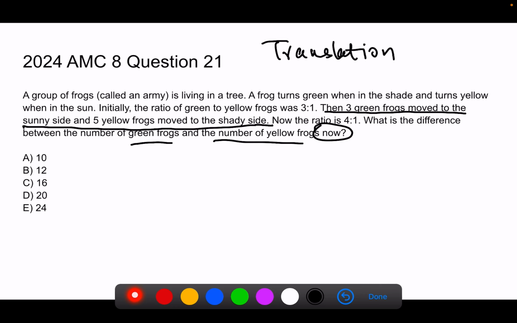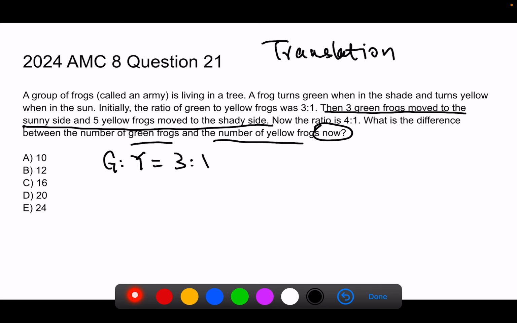A group of frogs is living in a tree. A frog turns green when in the shade and turns yellow when in the sun. There's nothing really mathematical we need to translate, so we can keep going. Initially, the ratio of green to yellow frogs was 3 to 1. That's something you can express in math. Green to yellow is equal to 3 to 1. For every yellow, there are 3 greens.